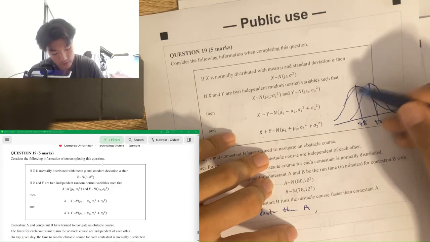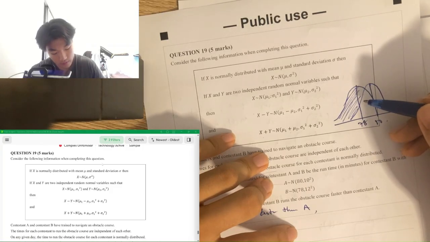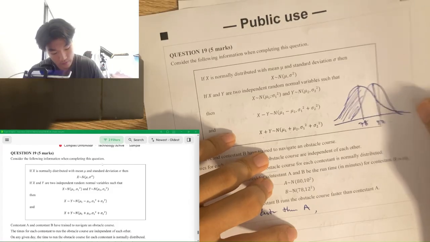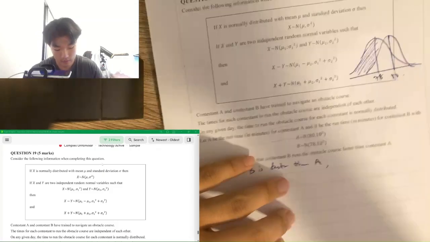When B is faster, it's this. Is it not that? Right?